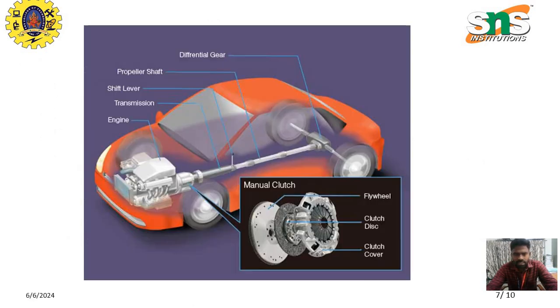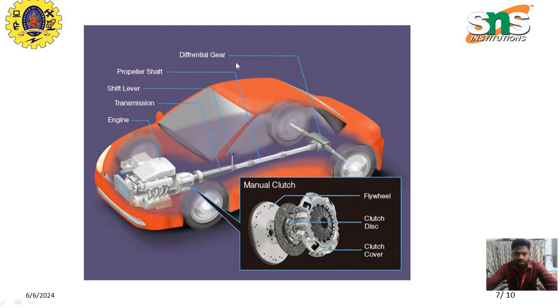The components of the transmission system are the engine, the transmission, the shift lever, the propeller shaft, and finally the differential gear, generally termed the differential unit.